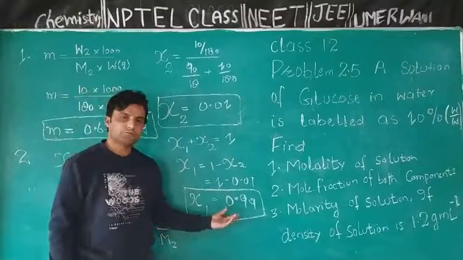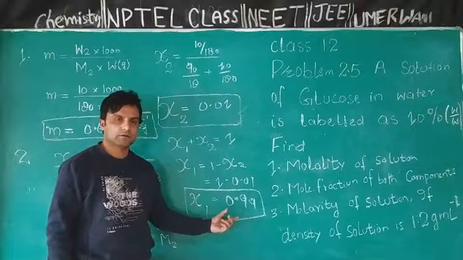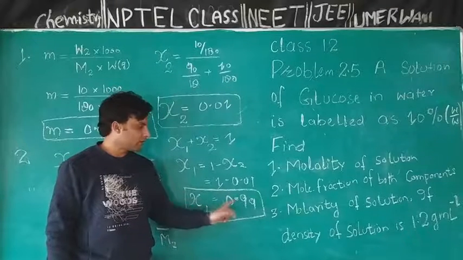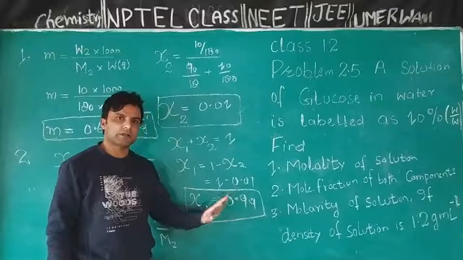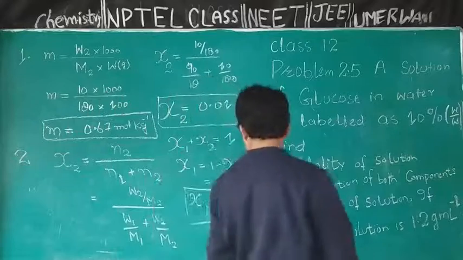Now what is the information? Information is that if fraction of moles of solvent present in this solution are 0.99, if total number of moles are 1, out of this 1, 0.99 fraction is constituted by solvent water. It is a sort of dilute solution.